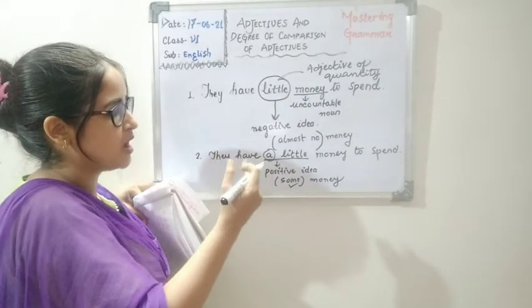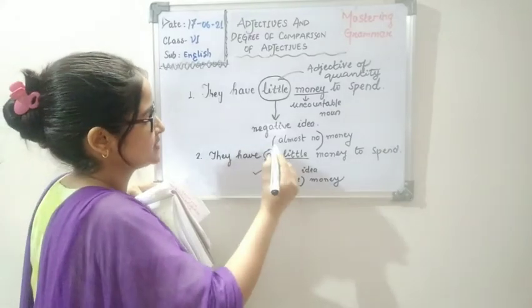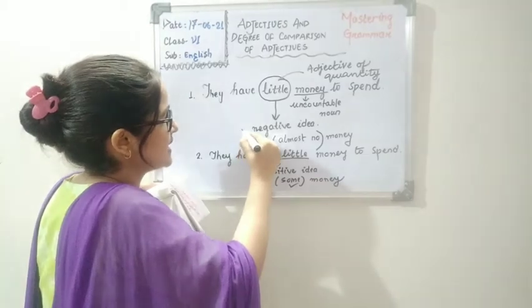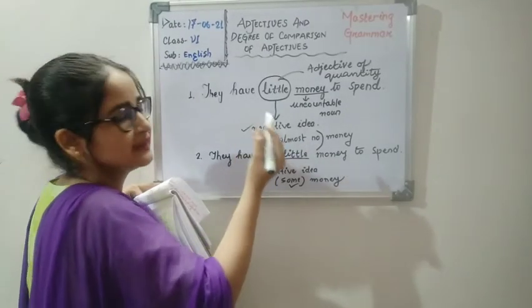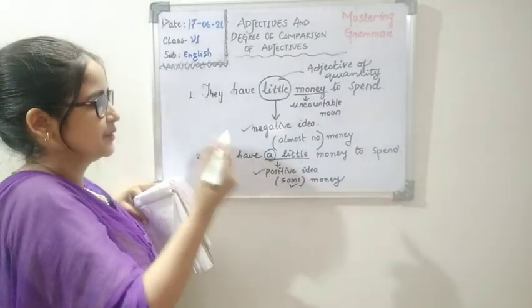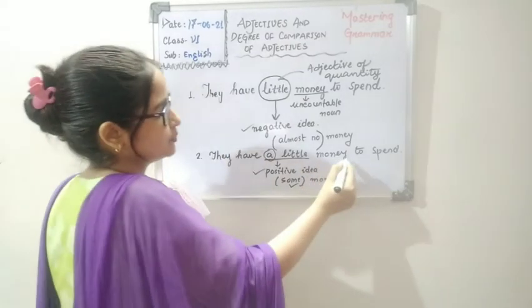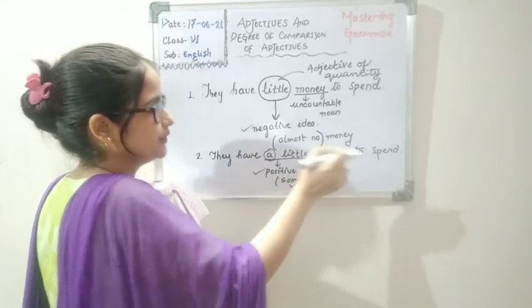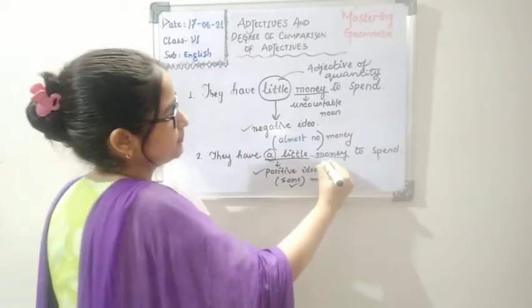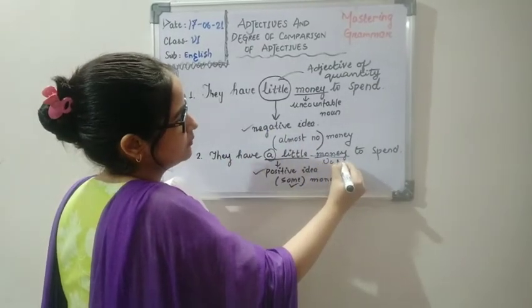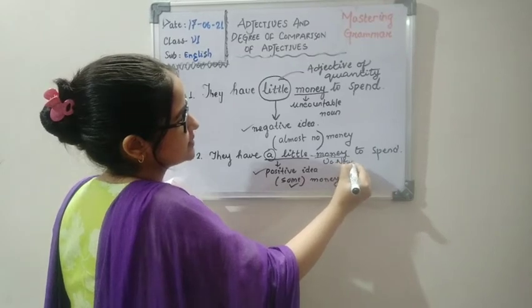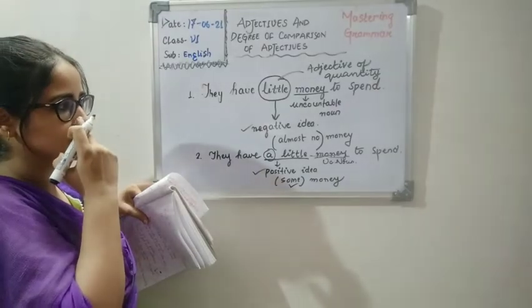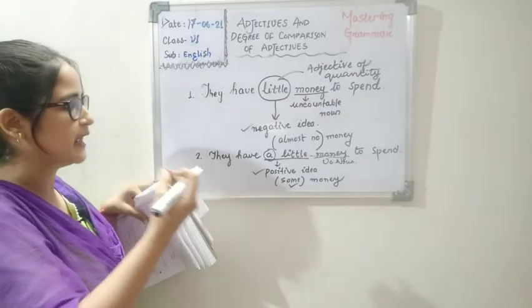A little is used in a positive idea, but little without a is used to present a negative sense. Okay, so here also we know that money was an uncountable noun. That's why we had used a little. So this was adjective of quantity. We talked about little and a little.